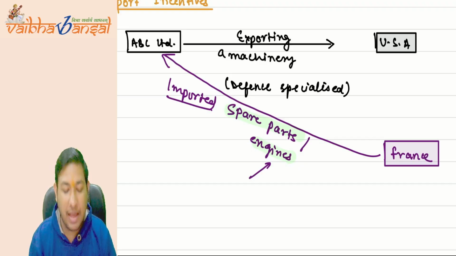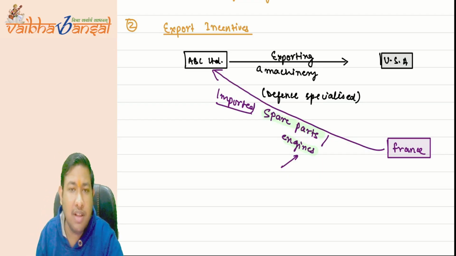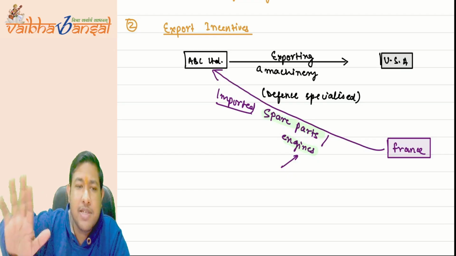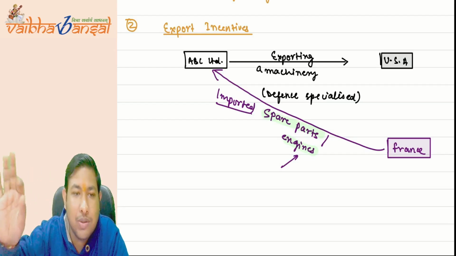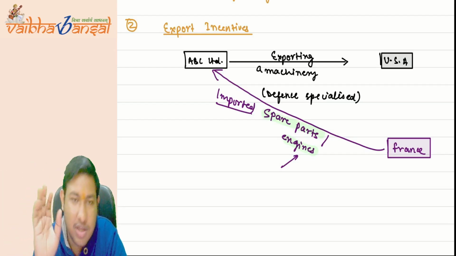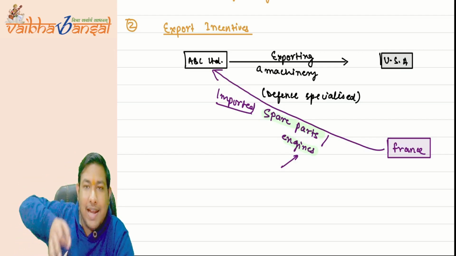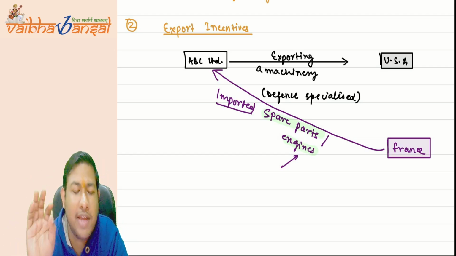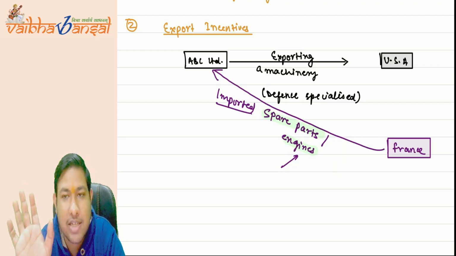Now suppose ABC Limited got this import entitlement license, but for this year ABC Limited is not going to export anything to USA. Suppose ABC Limited is not going to use the import entitlement license this year because it does not have any orders from USA for the defense specialized machinery.